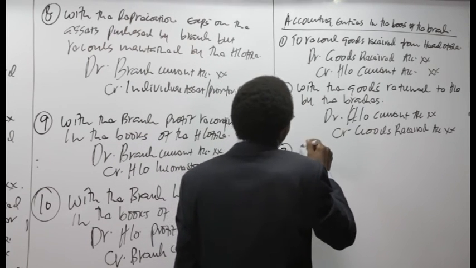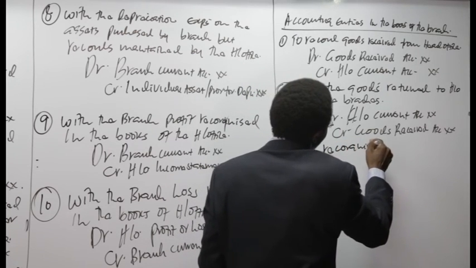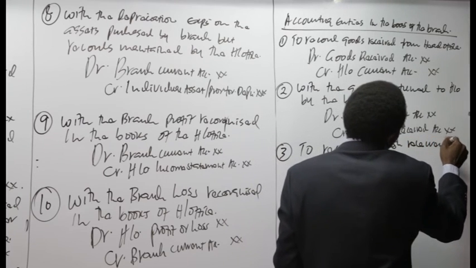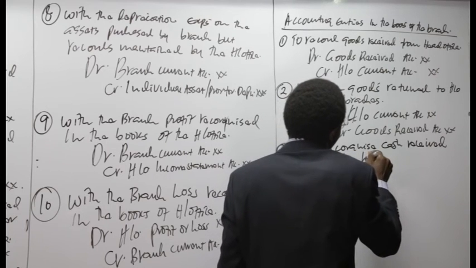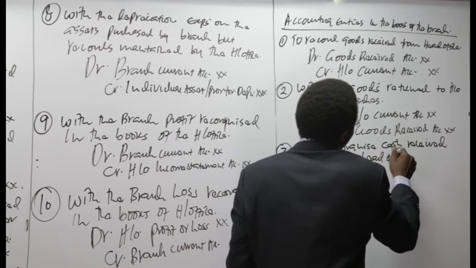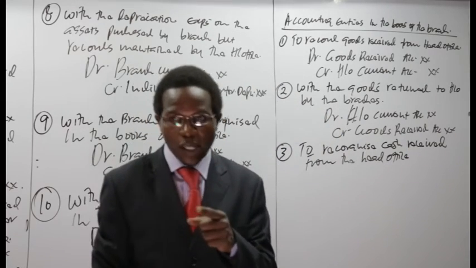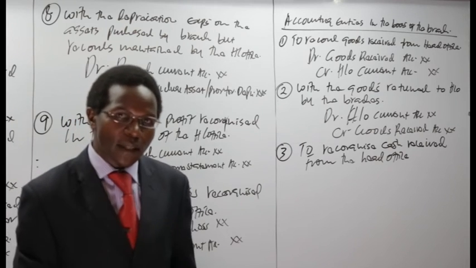Then we come and say number 3, cash, to recognize cash received from the head office. As a branch, we may be receiving some assistance from the head office. So we may end up receiving some cash, and we need to recognize it in the books, remember.